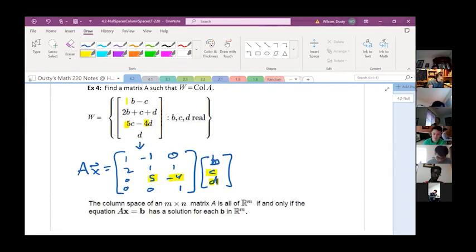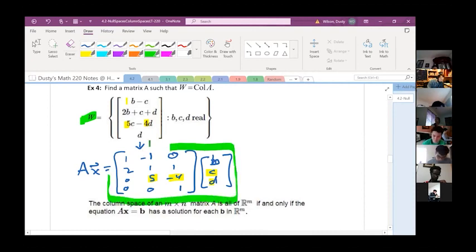So we just wrote W as the set of all things in this form here. And so if we want a matrix A such that W equals the column space of A, boom, we've got our A. So here's the A.